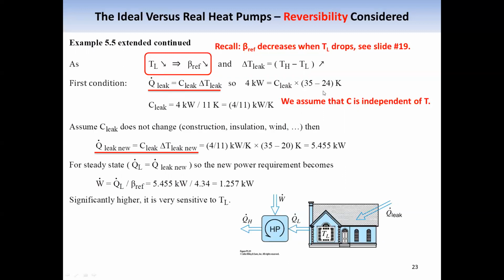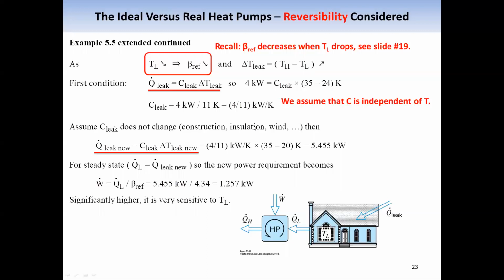So let's analyze the first case as example. 4 kilowatts of power is needed for the first scenario where the house is maintained at 24 degrees C. Then we can use the first scenario to estimate the constant.